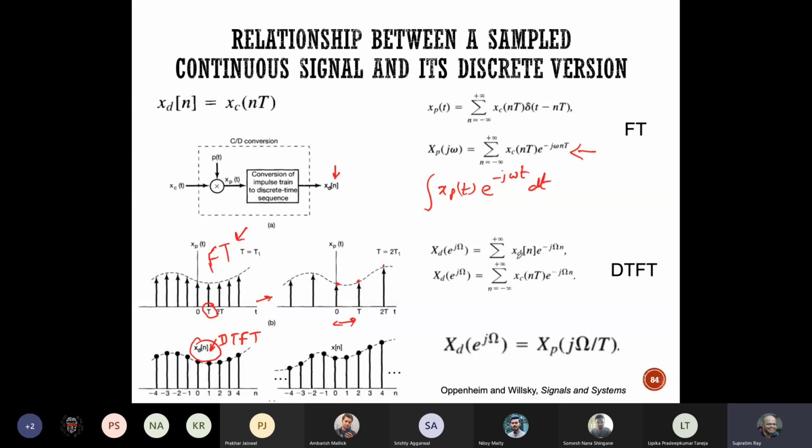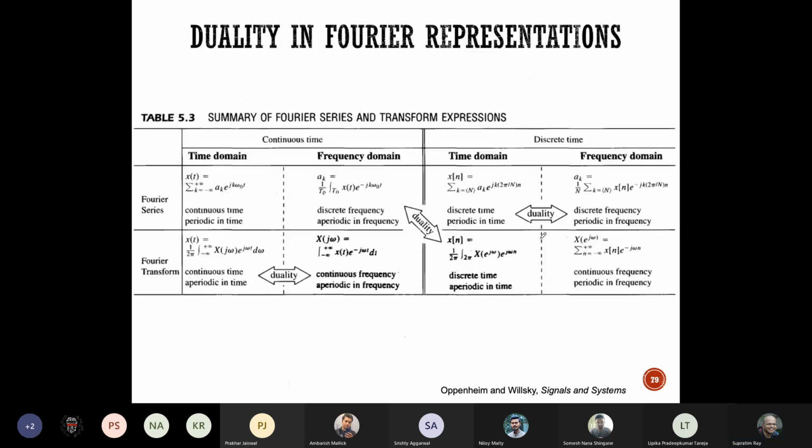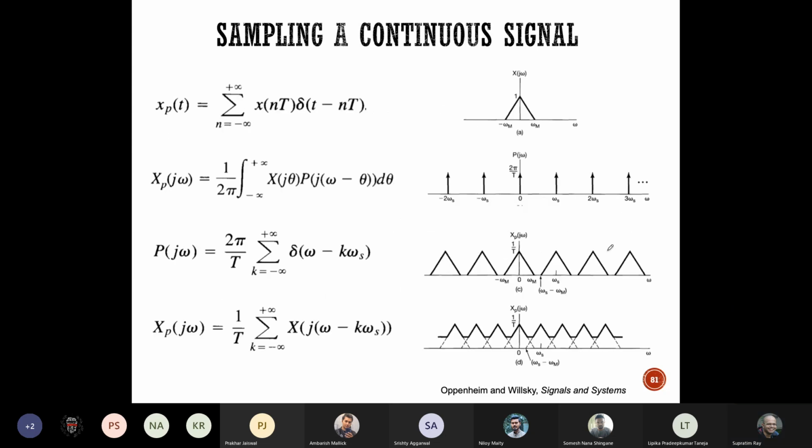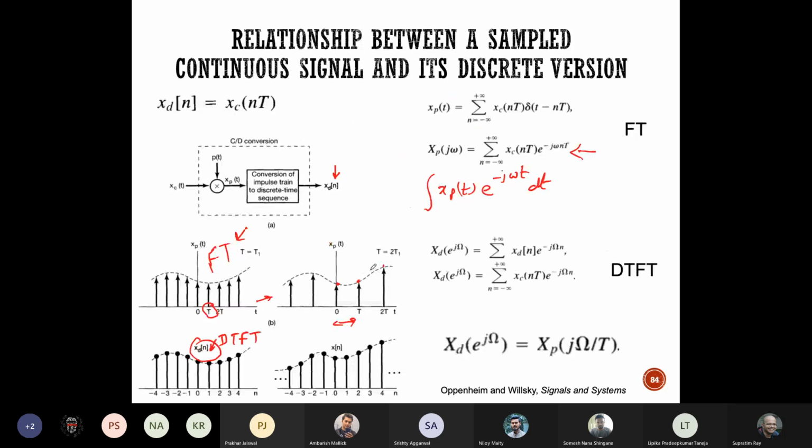Now, if I look at the discrete signal and compute its DTFT, the formula is directly this. Remember, this is the DTFT formula. It's a discrete time aperiodic signal. And I note that x_d[n] is just x_c(nT).